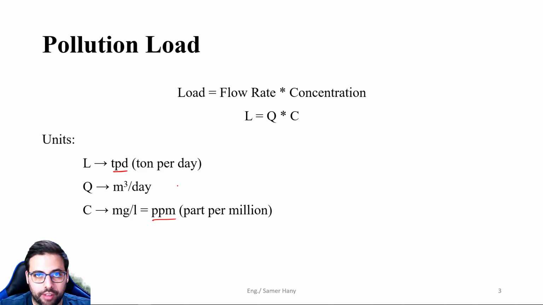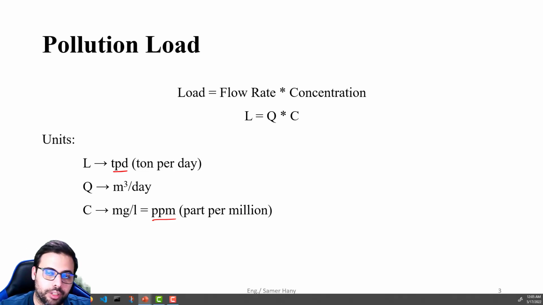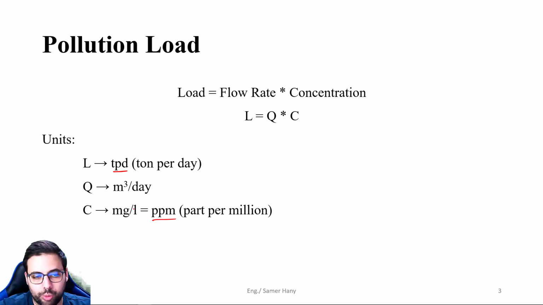Since we have a million milligrams in 1 kilogram, and if the wastewater concentration of pollutants is very low, we can approximate the density of the waste stream to the density of pure water, which is 1 kilogram per 1 liter. So 1 liter of water will have 1 kilogram of water, which will have a million milligrams.